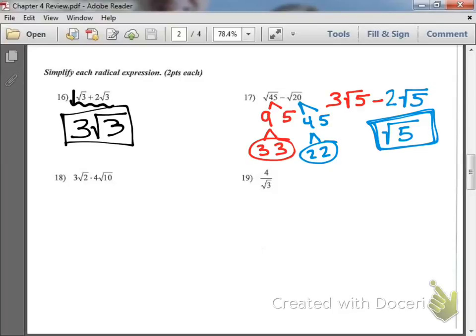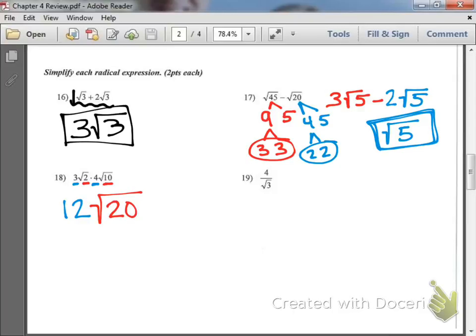Alright, when you are multiplying radicals, it does not matter if they're alike. You just multiply the number in the front together and the numbers on the inside together. So, the 3 and the 4 go together to give you what? 12. And the 2 and the 10 go together to give you what? 20.